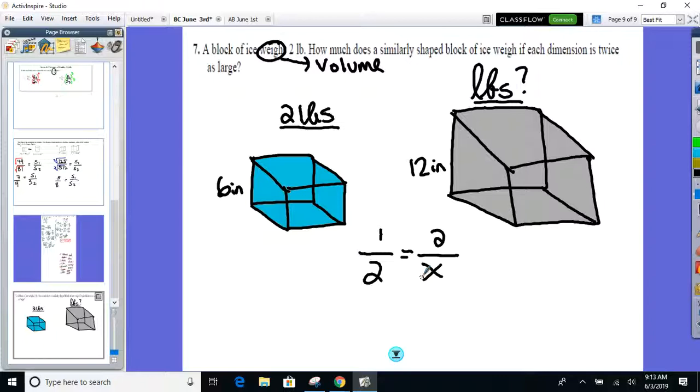So it is a correct proportion. What do I need to do to that side ratio here? I need to cube it. So you'll see it's much heavier than just doubling the weight. And the weight of the new one ends up being 16 pounds, just by doubling each dimension.